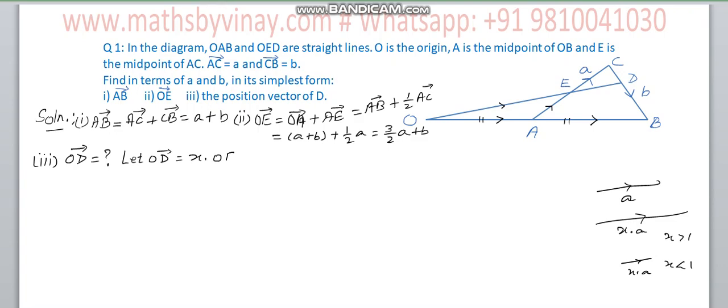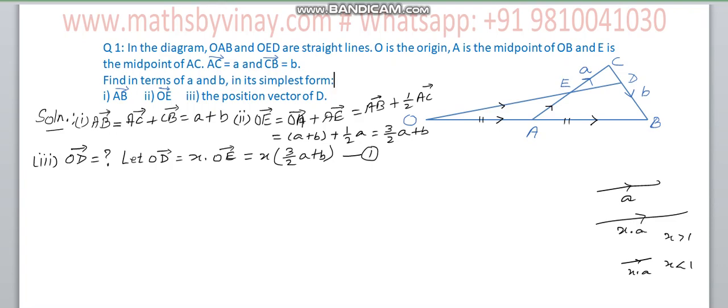Why? Because OE is a part of OD, so we can easily write like this. And OE you have already found in part 2. So here we are going to write x times 3 by 2 a plus b. You can make this equation 1. Agree?